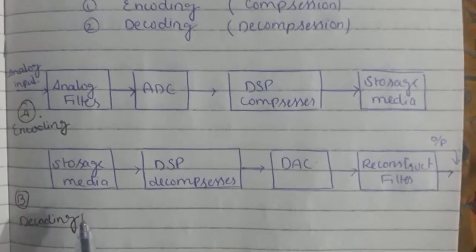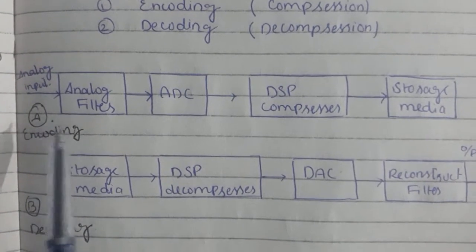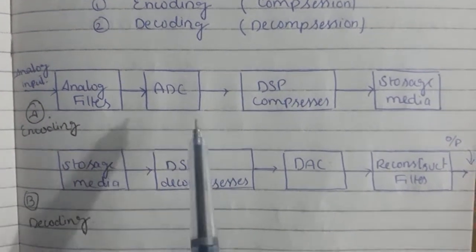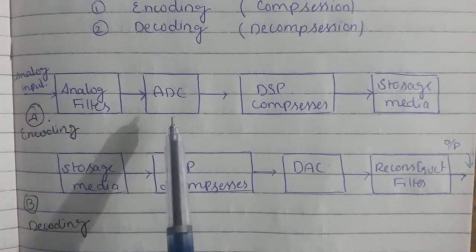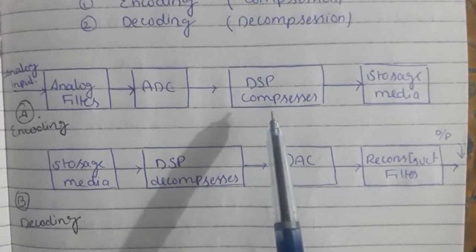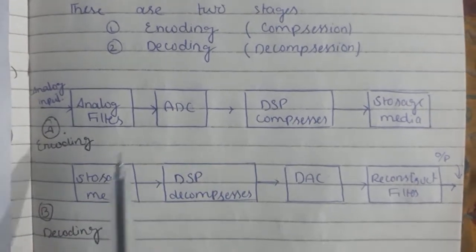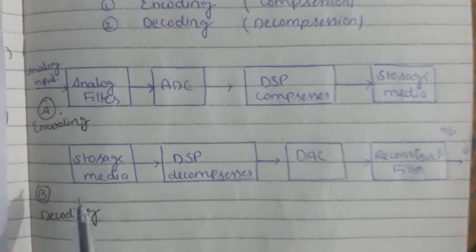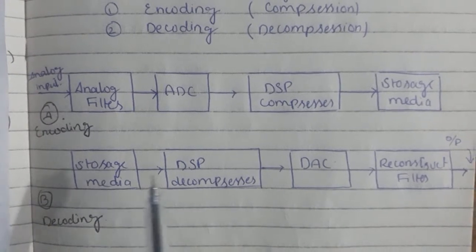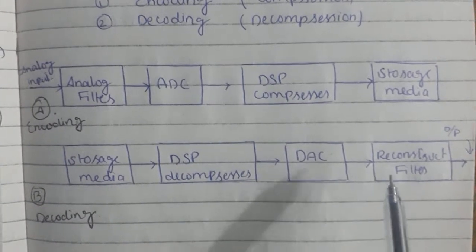The scheme is as follows: when an analog input signal comes, it passes through an analog filter where upper frequency components are removed, then it is converted by an analog to digital converter into digital form, and then some algorithms are applied by a DSP compressor, and it is stored in the storage media. In decoding a similar process occurs in reverse: first from storage media to the DSP decompressor, then digital to analog conversion, and then the reconstruction filter.